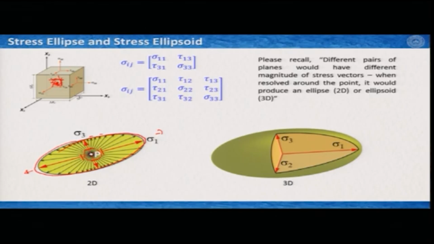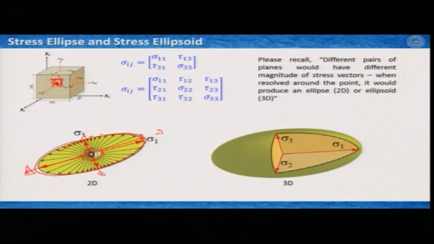The maximum length you get, we will define as sigma 1, and the minimum length of this stress magnitude, we define as sigma 3. In 3 dimensions, very similar to the strain ellipsoids we looked at, we would get a very similar shape.